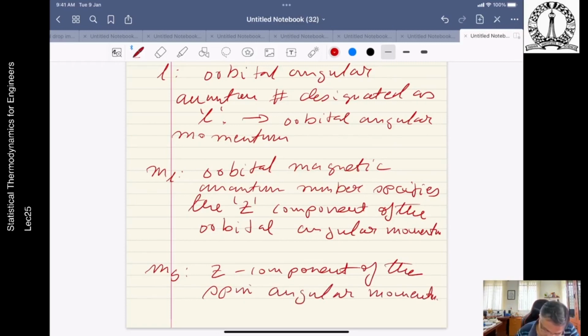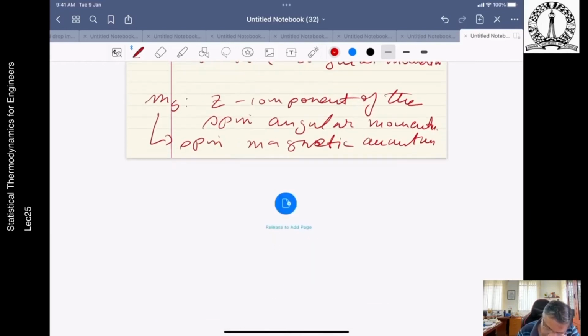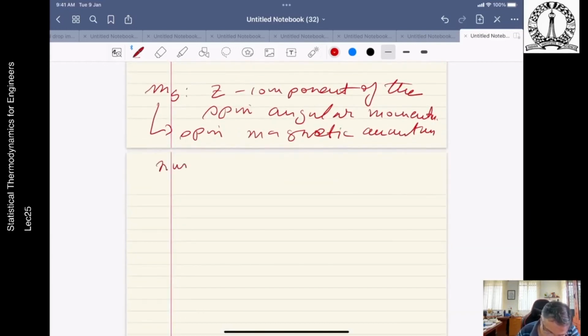So this is called the spin magnetic quantum number.